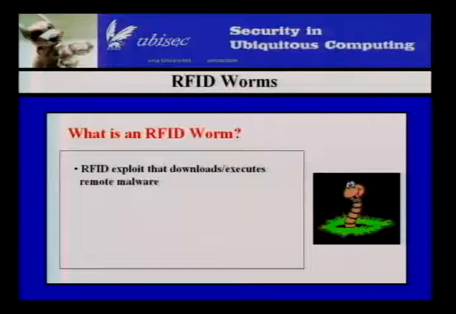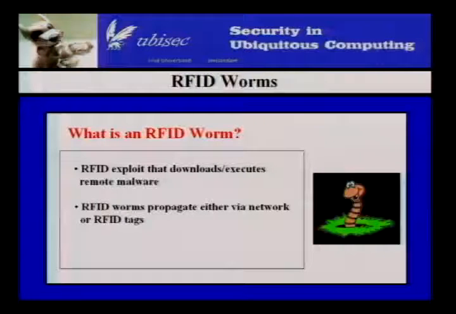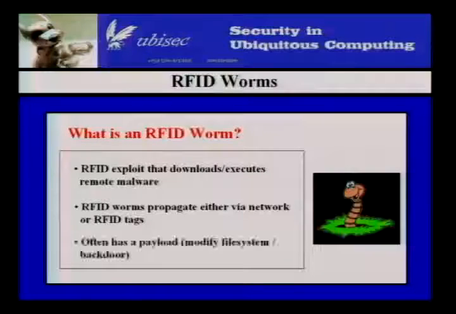Once again, it requires a bit of knowledge about how the system works, but it's not inconceivable that you can implement these things if you know how things work. Then it self-replicates, so the RFID worms can propagate either via the network or via RFID tags.